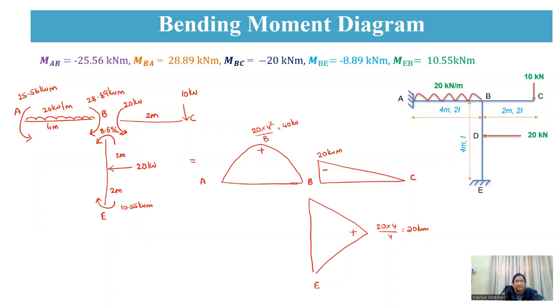Now coming to the end moments, which are in hogging in nature. So we'll draw the hogging value. So this is 25 and this is 28. Just a minute, I will draw.